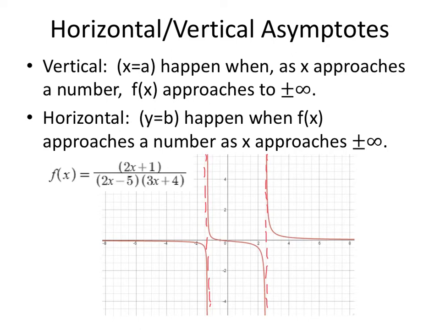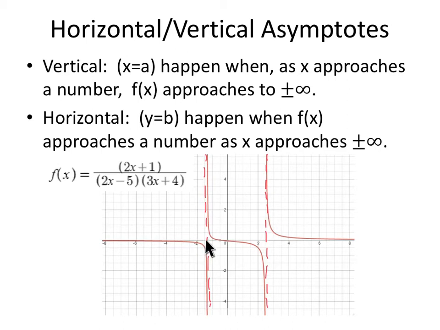Now, actually, let me say one more thing about the vertical asymptotes. The vertical asymptotes happen when, as the x value of a function approaches some number, the function's value itself goes to positive or negative infinity.